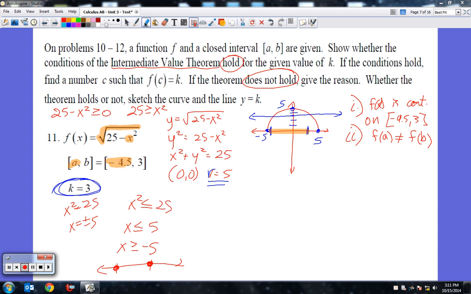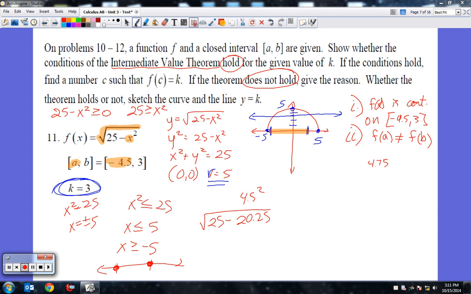So if I plug in negative 4.5 and square it, I get a positive answer. 4.5 squared is 20.25, and we're going to say 25 minus that, take the square root. That is f of a, which comes out to about 4.75.